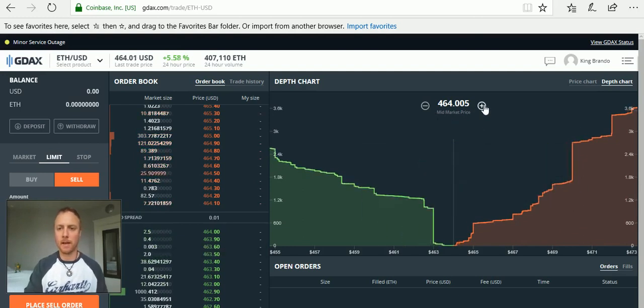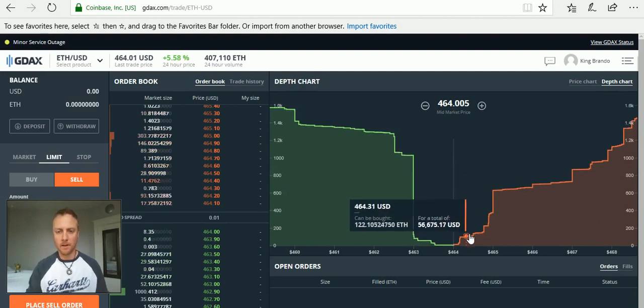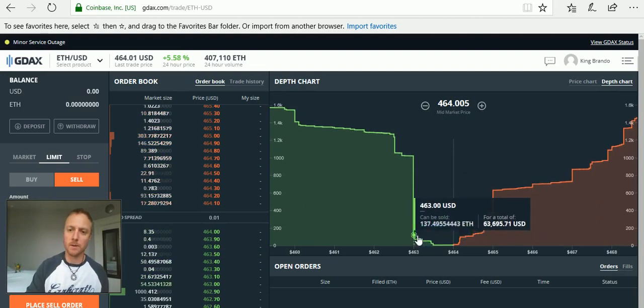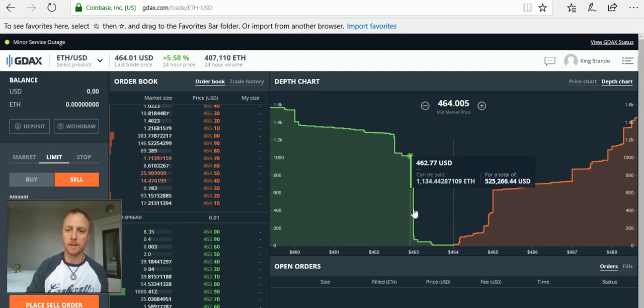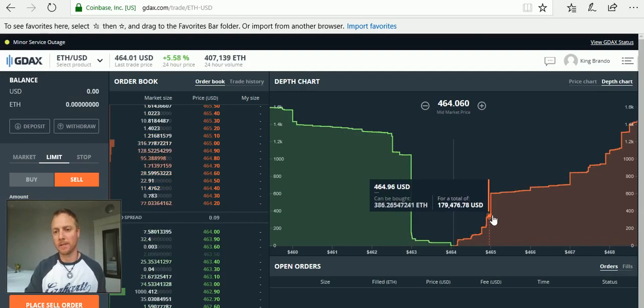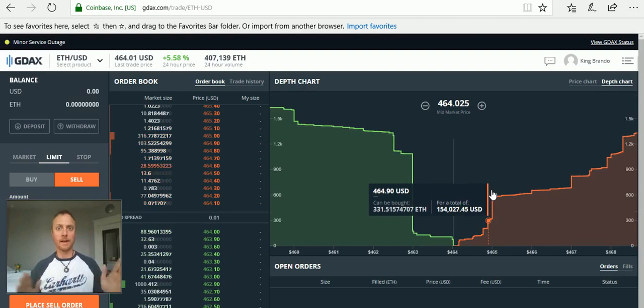You can zoom in and out of this, and it's pretty handy. Like if you're wanting to take a step back and look, what if the price drops down to 463? Well, you've got a pretty good wall of buyers here that are waiting to stop that from going any further down. But the same as when it's going up in price, you got a lot of people selling right at this area.